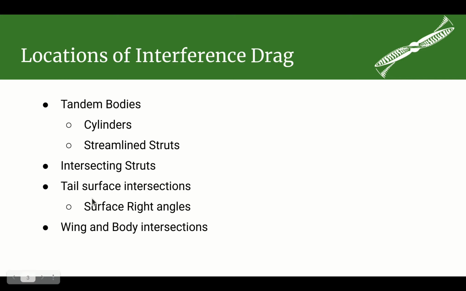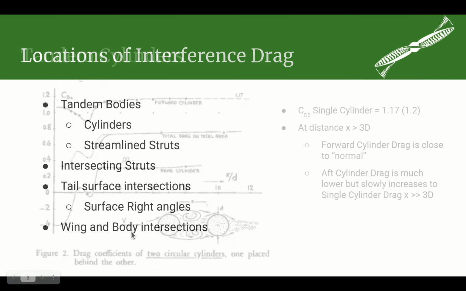We'll also talk about intersections on the tail of an airplane, like the vertical tail intersecting the fuselage or horizontal tail intersecting the vertical tail. We'll also talk about how interference drag can occur with right angles, which is a subset of these tail surface intersections and is directly related to the wing body intersections. So we'll talk about those also.